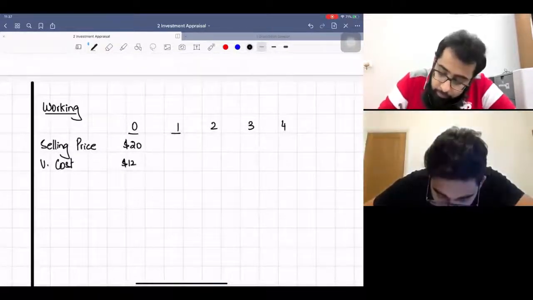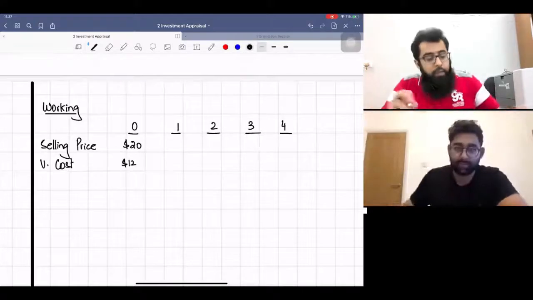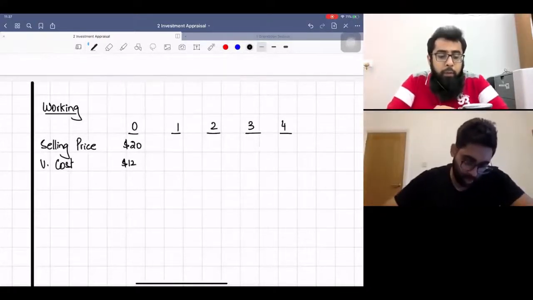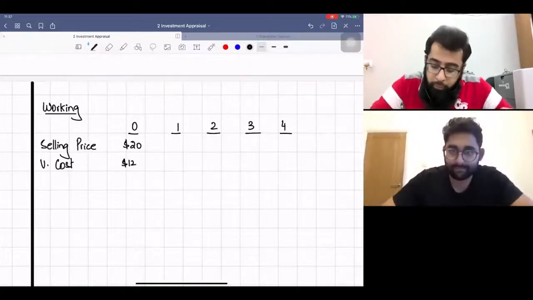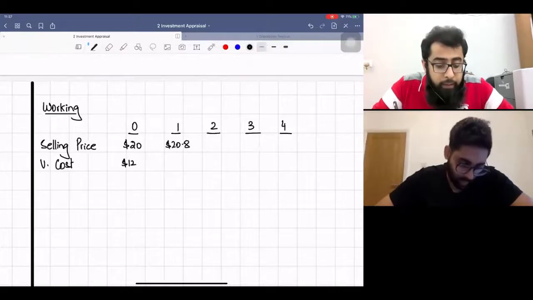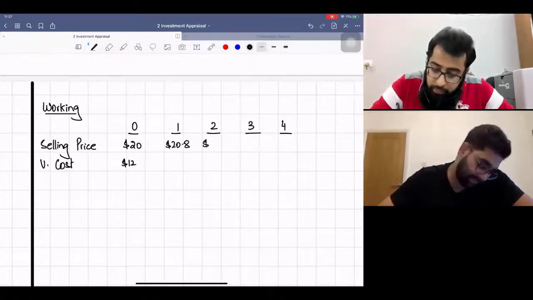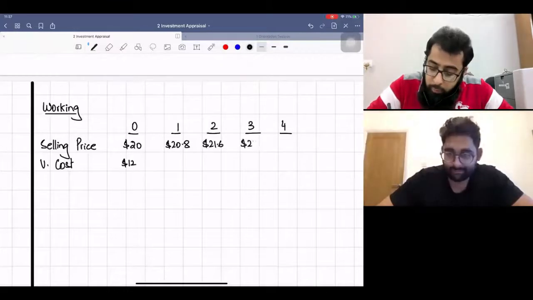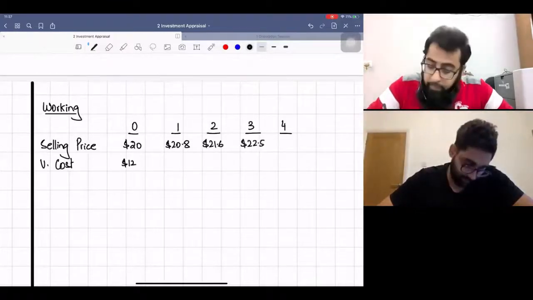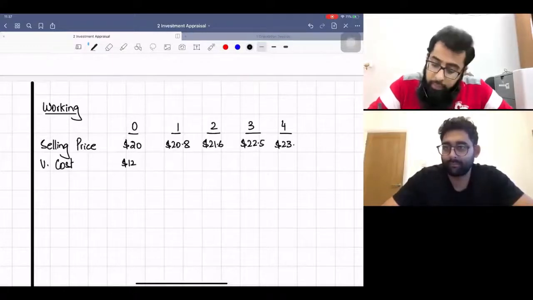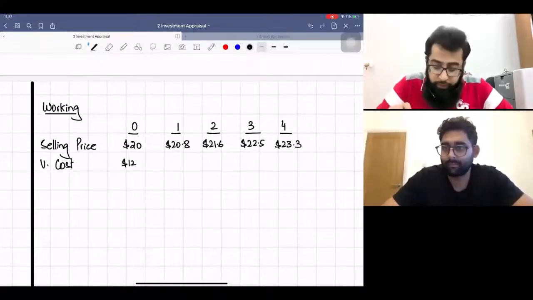Selling price in year one is 20 into 1.04, which is 20.8. Then 21.6, then 22.5, and 23.4.